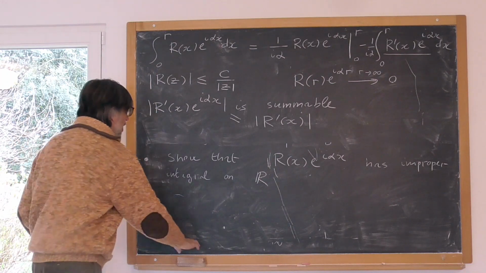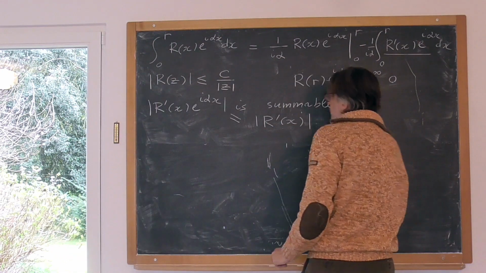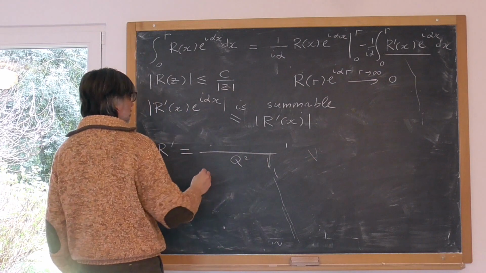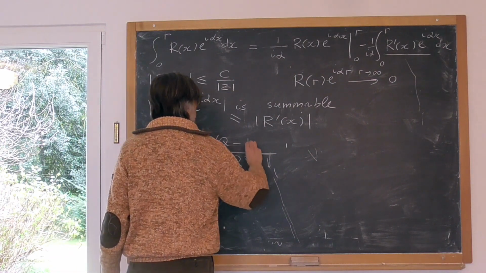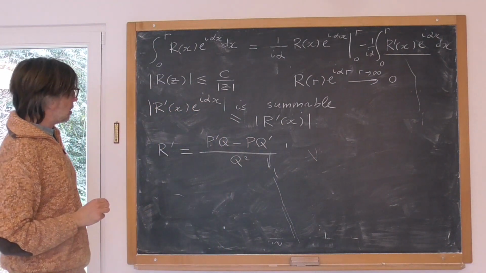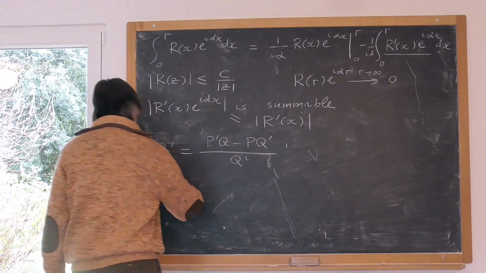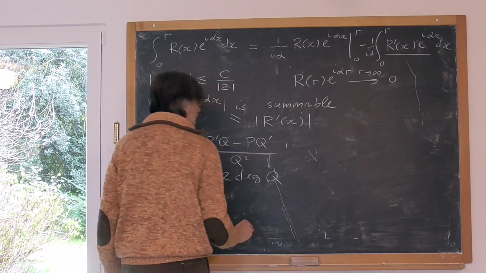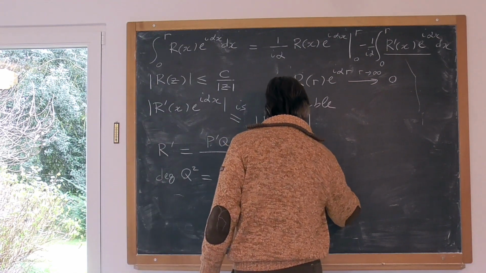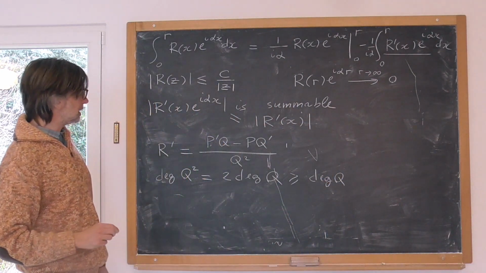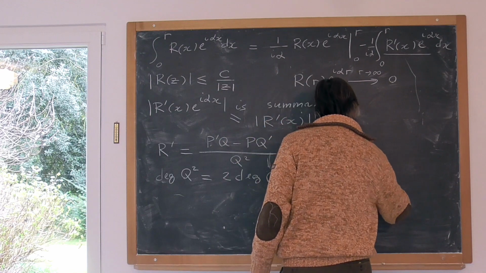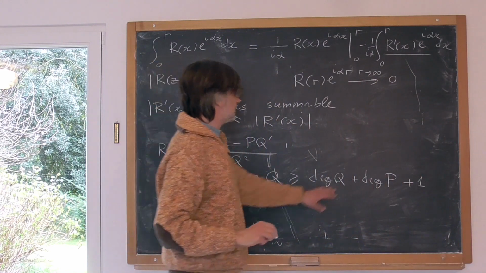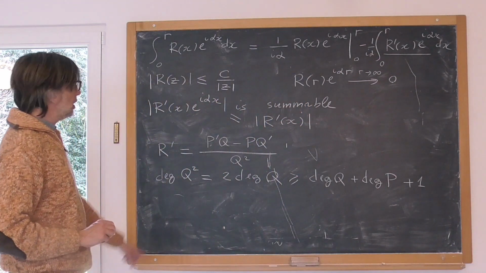But r was p over q, and r prime is then, by deriving the quotient, q squared in the denominator, and p prime q minus p q prime in the numerator. Now the degree of the denominator q squared is twice the degree of q, which is greater or equal than degree of q plus degree of p plus 1, because we said degree of q is at least degree of p plus 1. So we get this bound for the degree here.